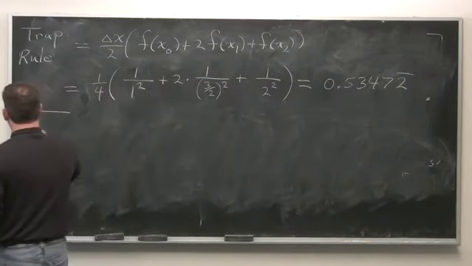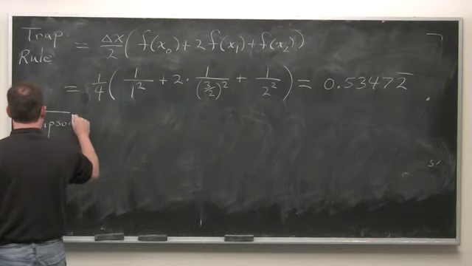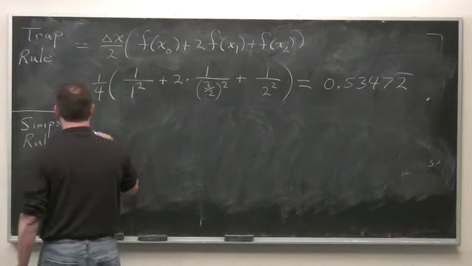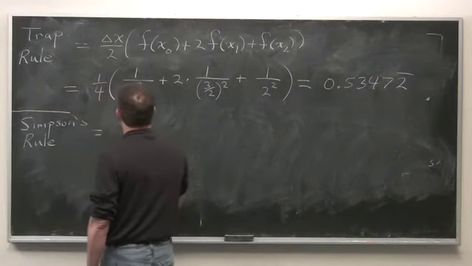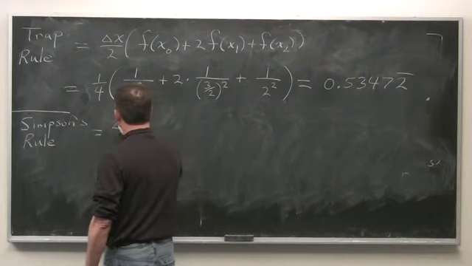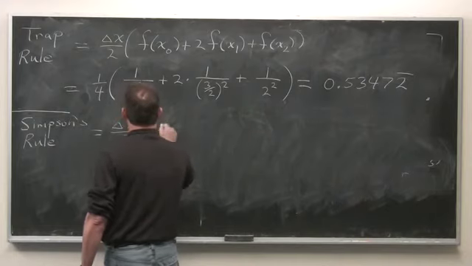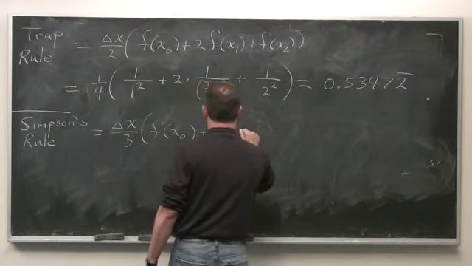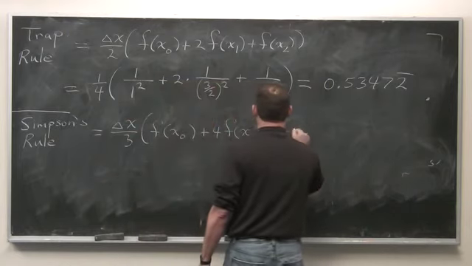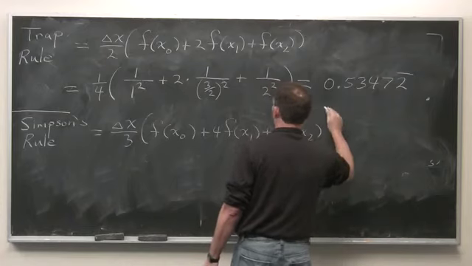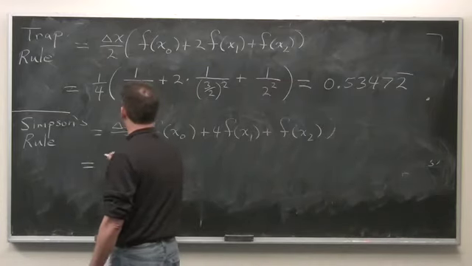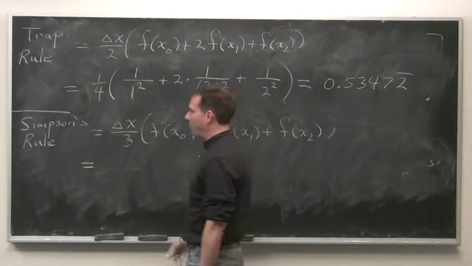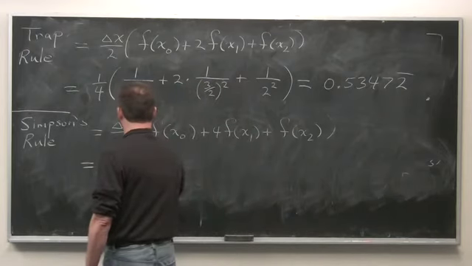But then we do the amazing thing of just changing a couple of numbers and use Simpsons Rule, and miraculously, sort of, things get better. We take delta x over 3 and f of x naught plus 4 times f of x sub 1 plus f of x sub 2. How could that possibly make things that much better? So delta x, still a half. We're dividing by 3 now, so we get 1/6.